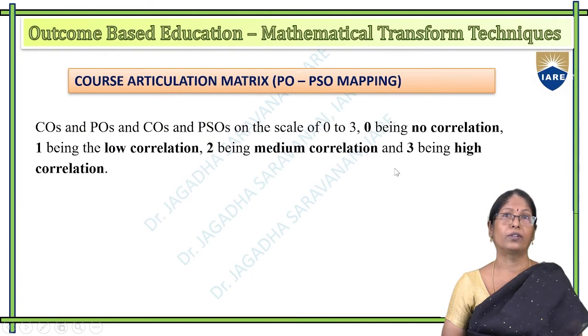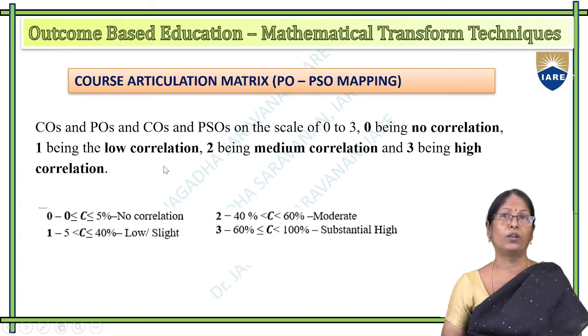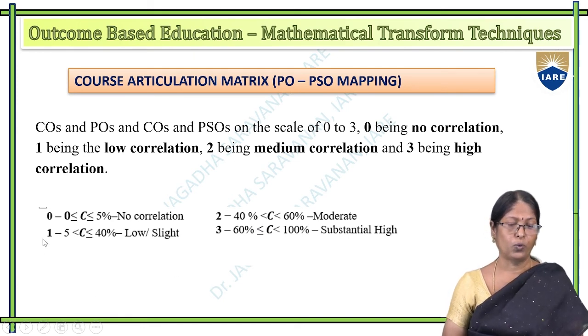So we can see the relationship, the scale of 3. If the scaling is 0, there is no correlation. If it is 1, low, 2, medium, and 3, high. The percentages we have calculated, we saw in the previous slide.